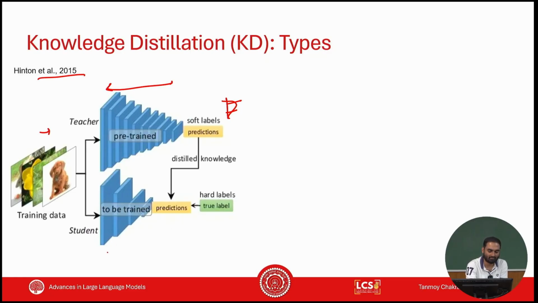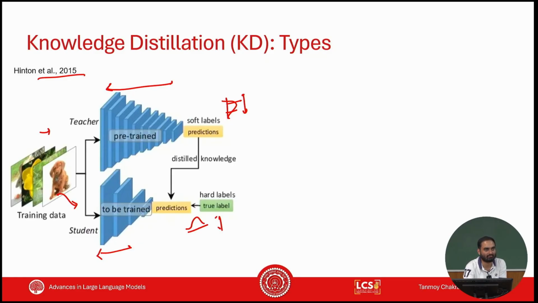Similarly, you have another model, a student model, a small model, let's say a shallow neural network. If you give the same input to the student model, it also produces a distribution over dog or not dog. Now the distribution here and the distribution here are different.